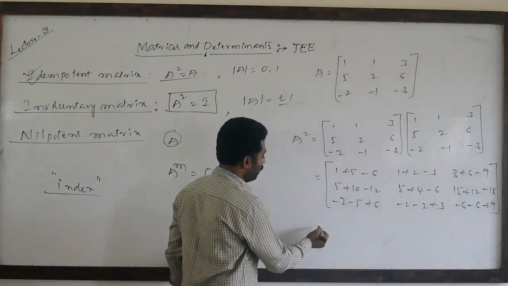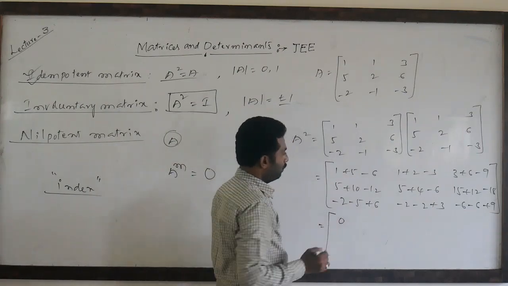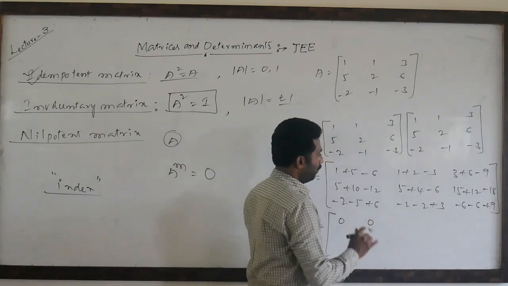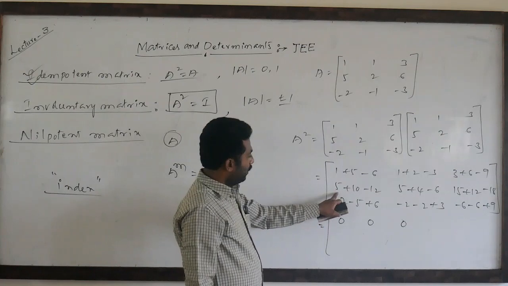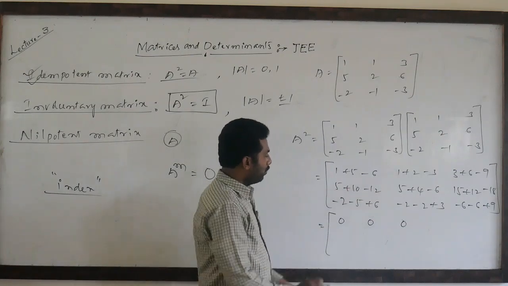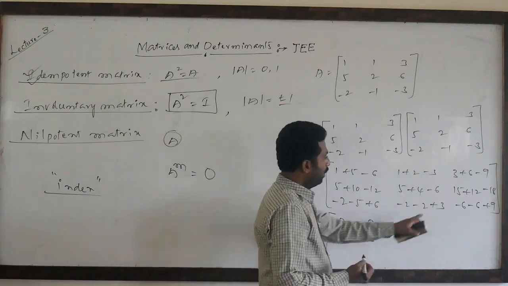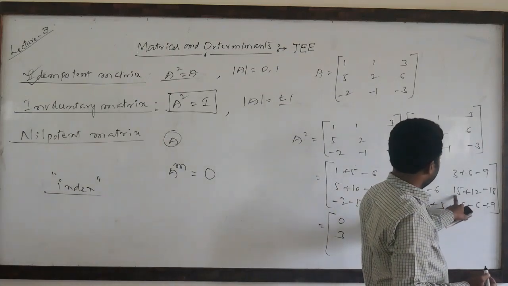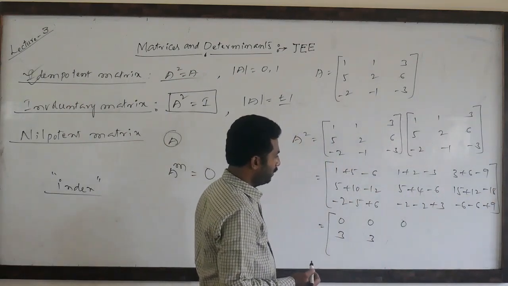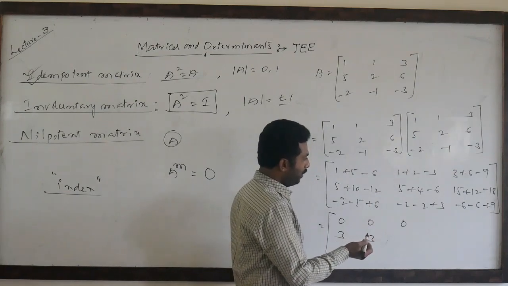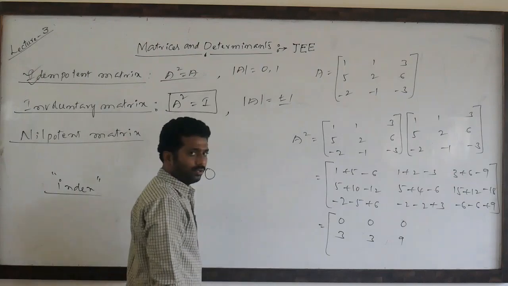So finally how much did we get? See here, 6 minus 6 means 0, 3 minus 3 means 0, 9 minus 9 means 0. Then 15 minus 12 means 3, 9 minus 6 means 3, and 27 minus 18 means 9.